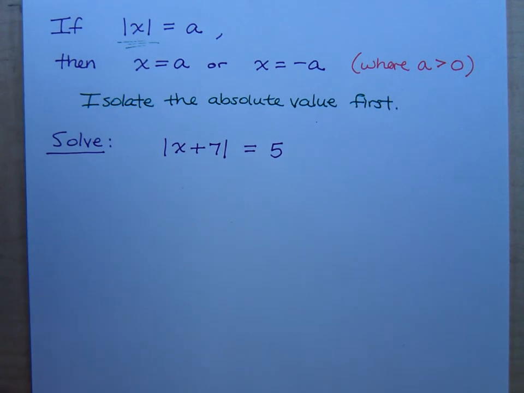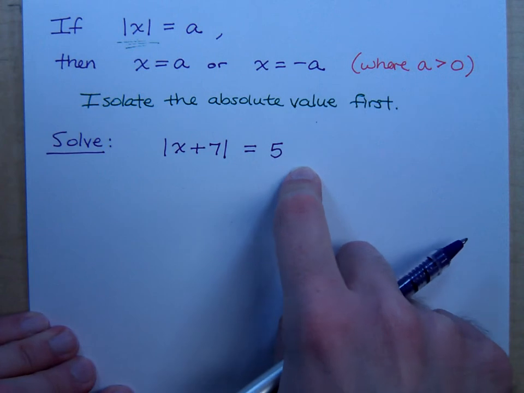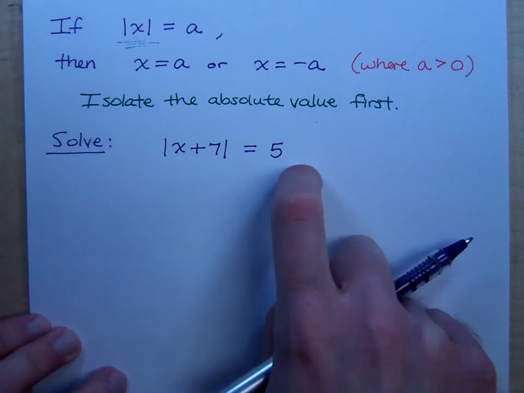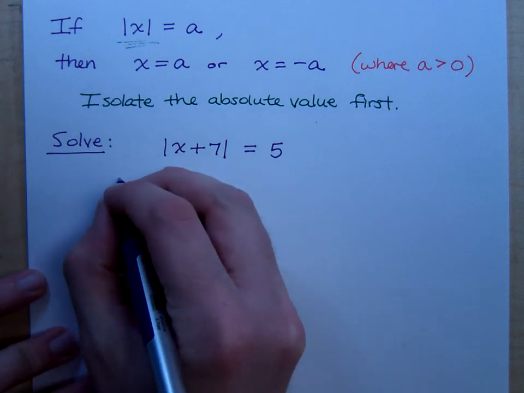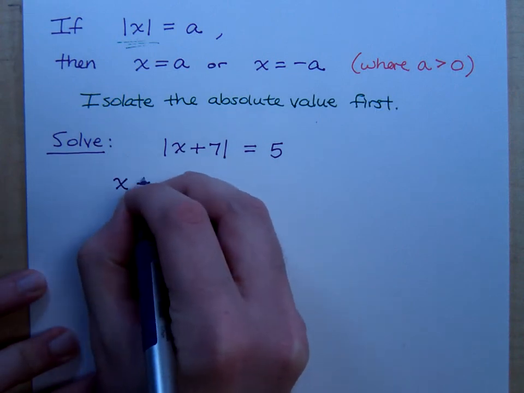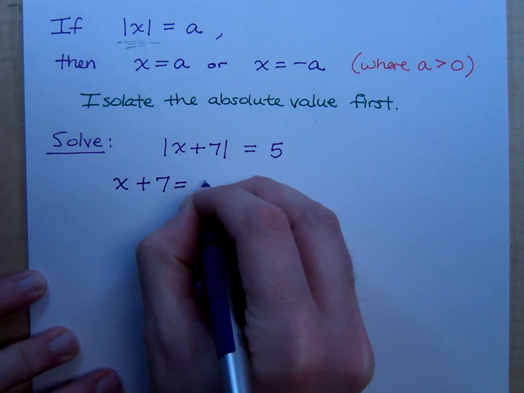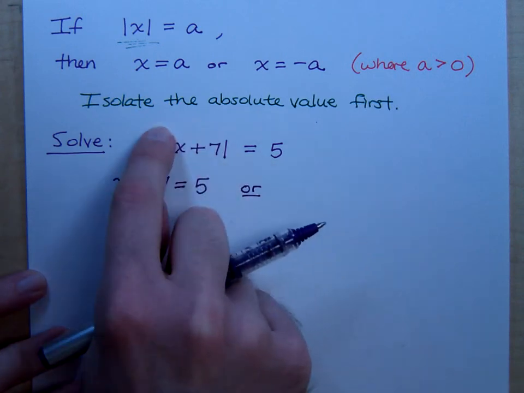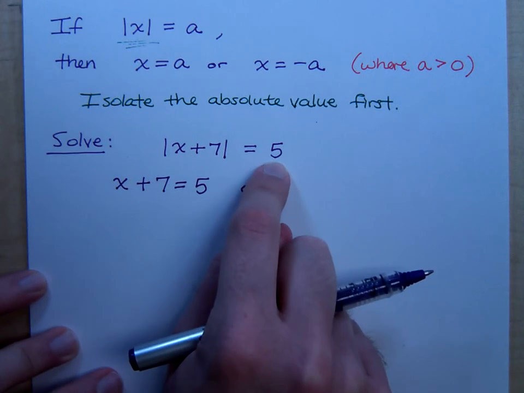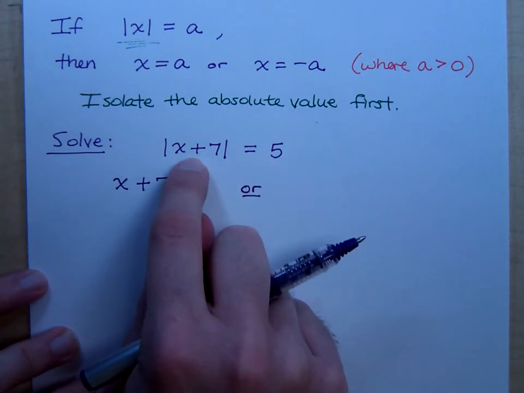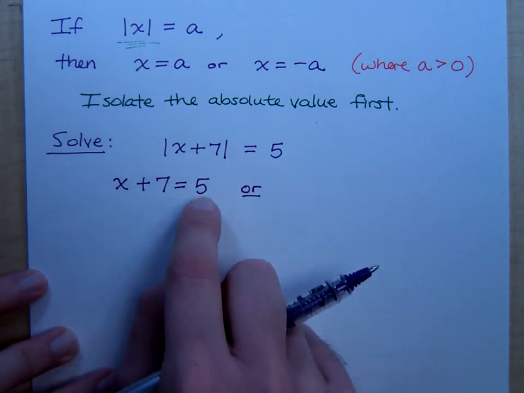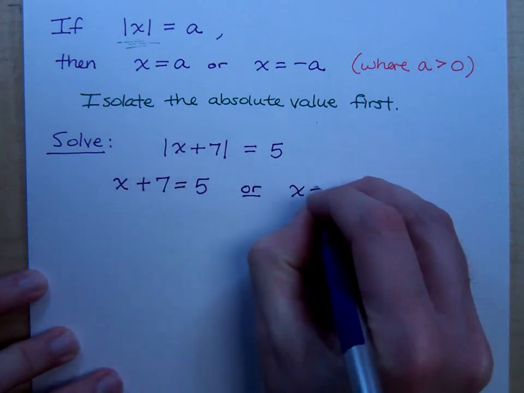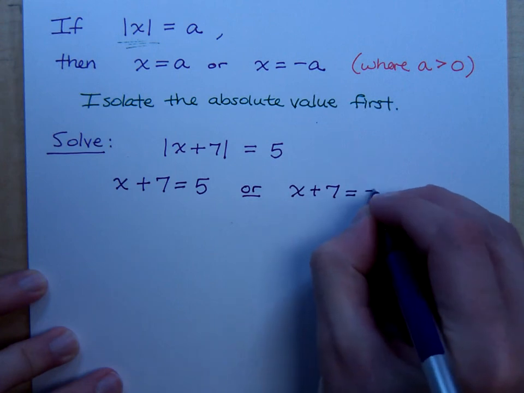So what you cannot do is move the 7 over, because right now it's inside of the absolute value. We expect this absolute value to equal 5. So the inside part will either equal 5 or the inside stuff is going to equal what? It's going to equal negative 5.